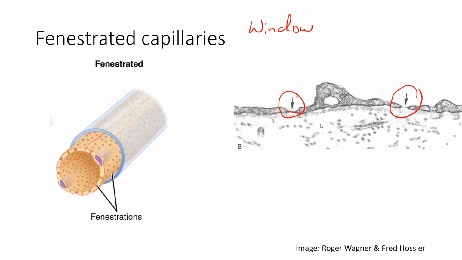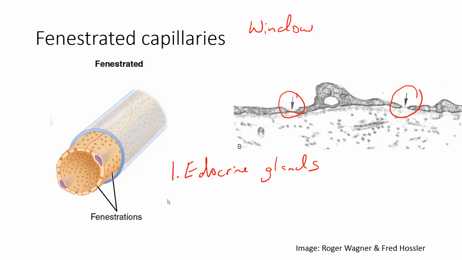So our continuous capillary, our example location, was the blood-brain barrier. These are the capillaries that you find in the central nervous system. An example for fenestrated capillaries is actually twofold. One location where we can find these is endocrine glands. This is a situation where we want to get stuff from the tissue space made by the endocrine cells into the blood, right? Endocrine glands use the bloodstream to transport their signaling molecules or hormones.